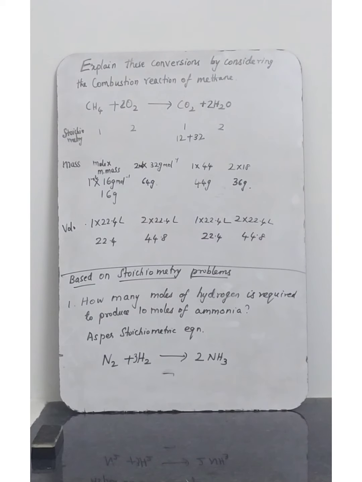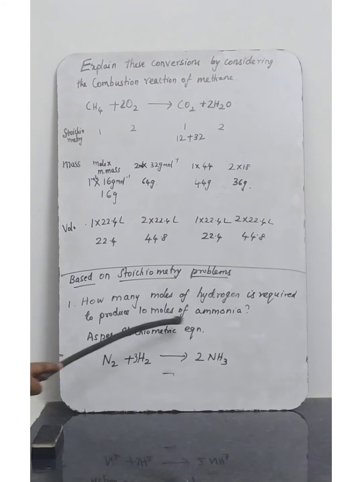As per the balanced chemical equation, ammonia is prepared from nitrogen and hydrogen gas. 1 mole of nitrogen gas combines with 3 moles of hydrogen to give 2 moles of ammonia. This is the stoichiometric equation for the preparation of ammonia by Haber's process.